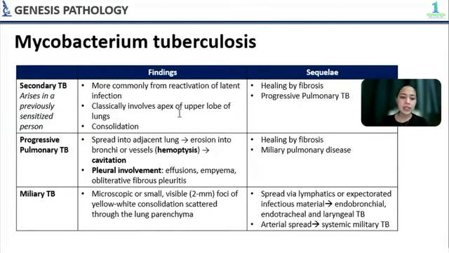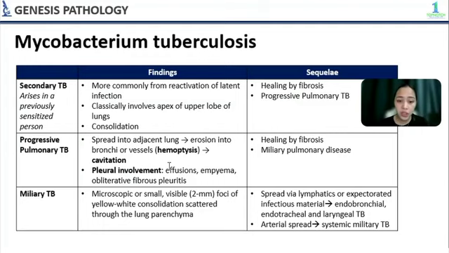Secondary TB naman is the pattern of disease that arises in a previously sensitized host. Pwede siyang mag-follow shortly after primary TB, pero usually it stems from reactivation of latent infection. So dito naman, it classically involves the apex of the upper lobes of both lungs. So lymph node involvement is not that prominent compared to the primary tuberculosis.